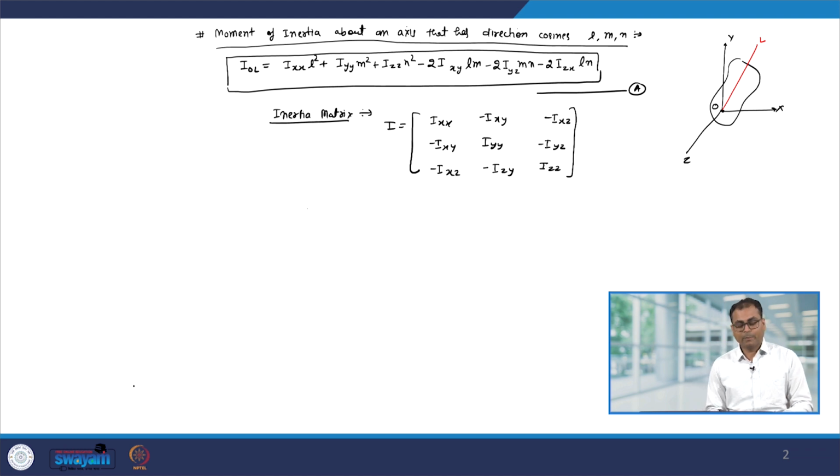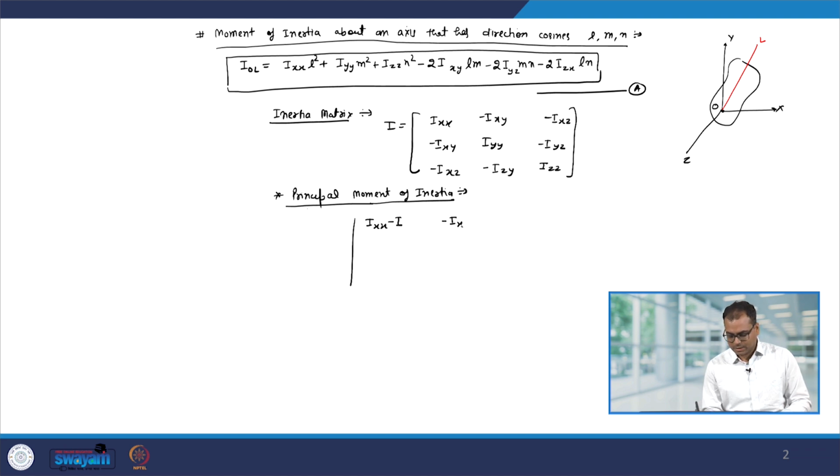Then the principal moment of inertia can be found by using the following equation: the determinant of Ixx minus I, minus Ixy, minus Ixz; minus Iyx, Iyy minus I, minus Iyz; minus Izx, minus Izy, Izz minus I, equal to 0.